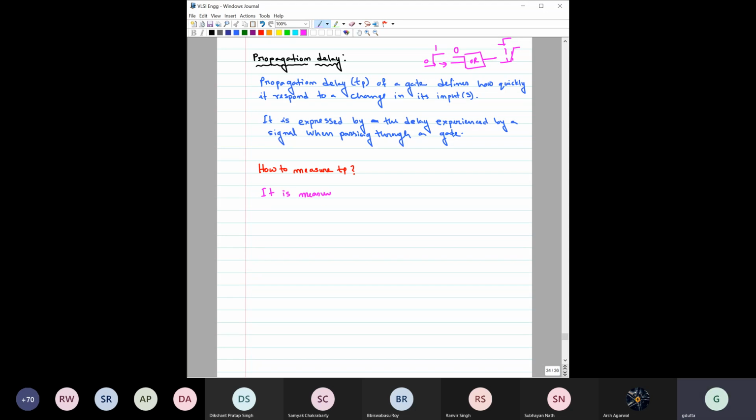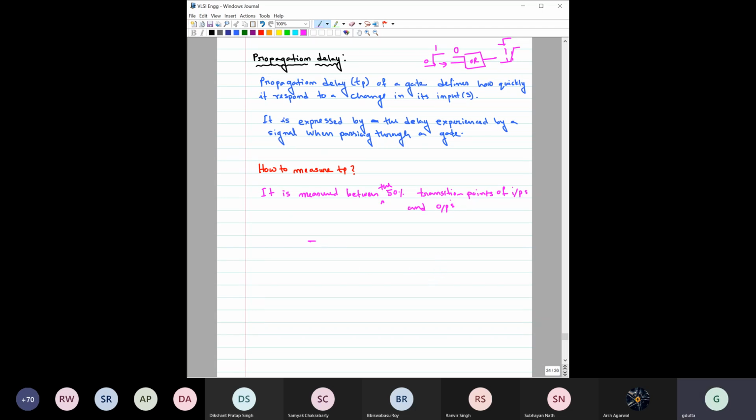I am writing it so that it would be easier for you to study later on. Measured between the 50% transition points of input and output.